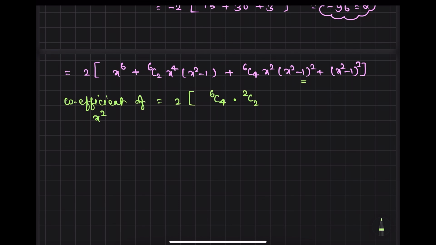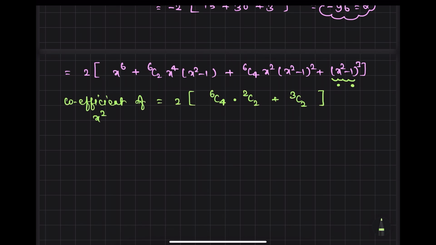Now the point is we have to find out the element which will take power, and the power of x will be 2. So for that, this element should take power 1. For that, this element has to take power 2. So it is 3c2, and we are interested in coefficient only, so we need not worry about the variable x.